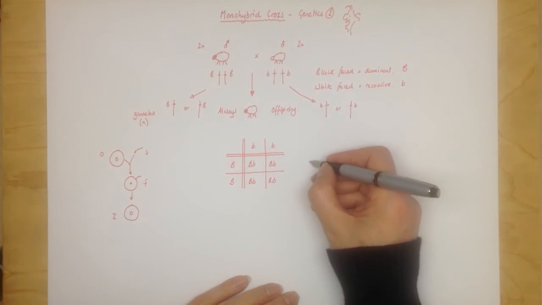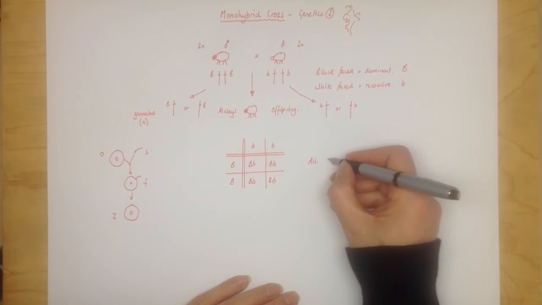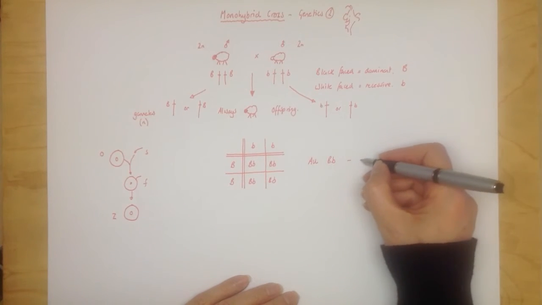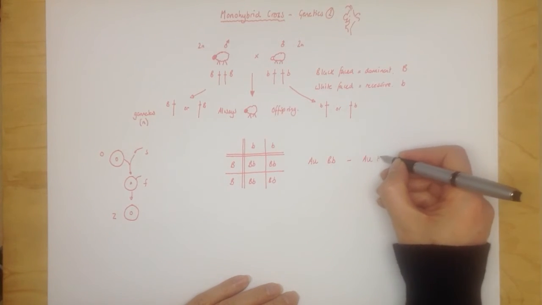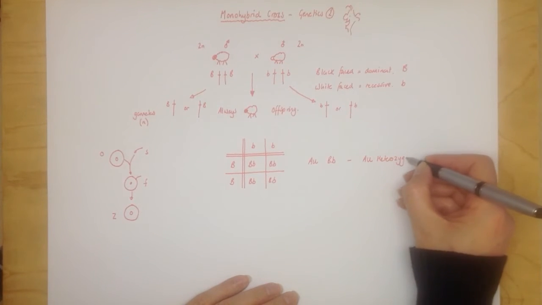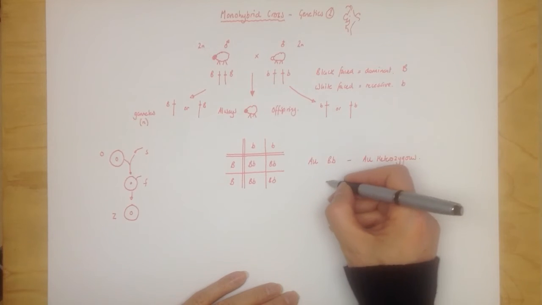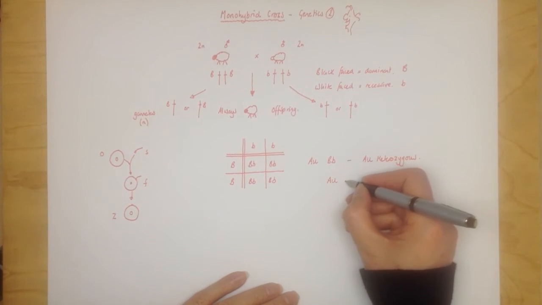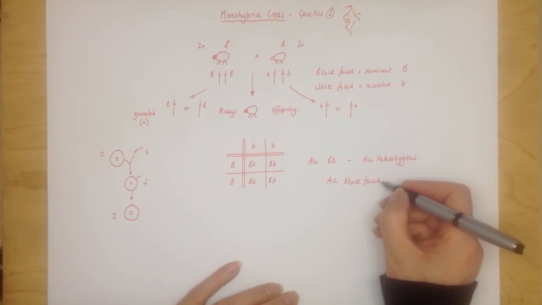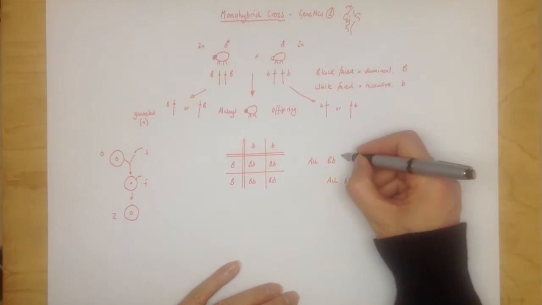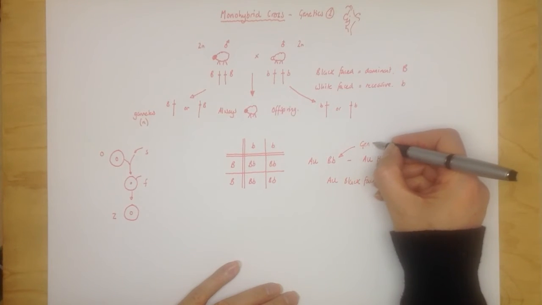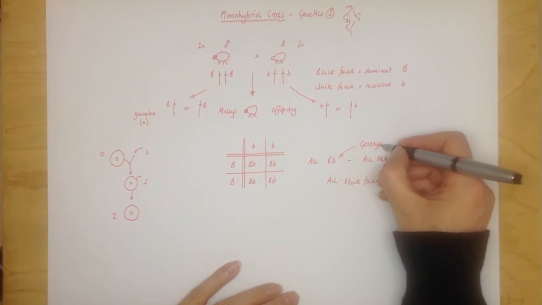So can you see the offspring are all big B, little b. They are all heterozygous. They are all black-faced. Now, the combination of genes that you have is called your genotype.